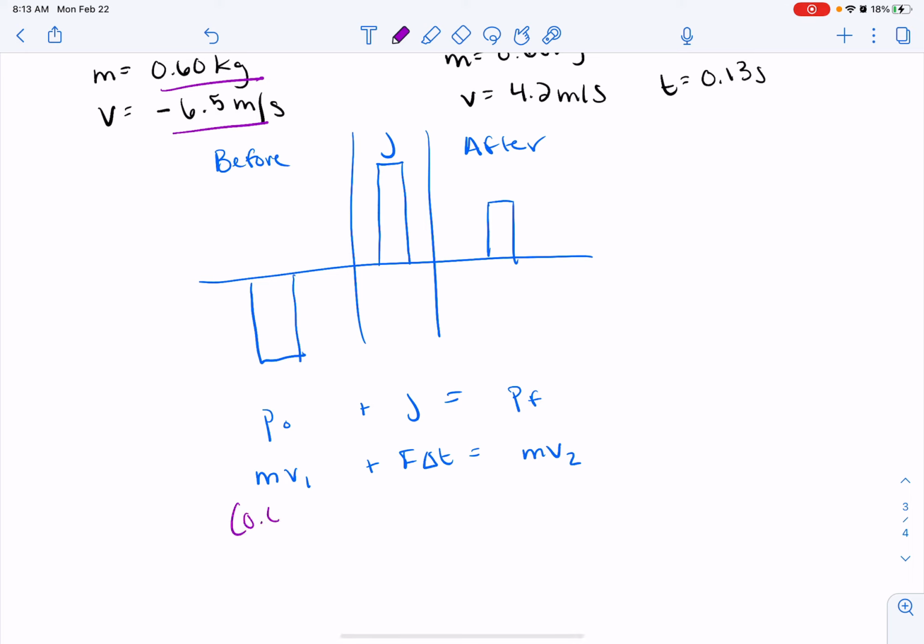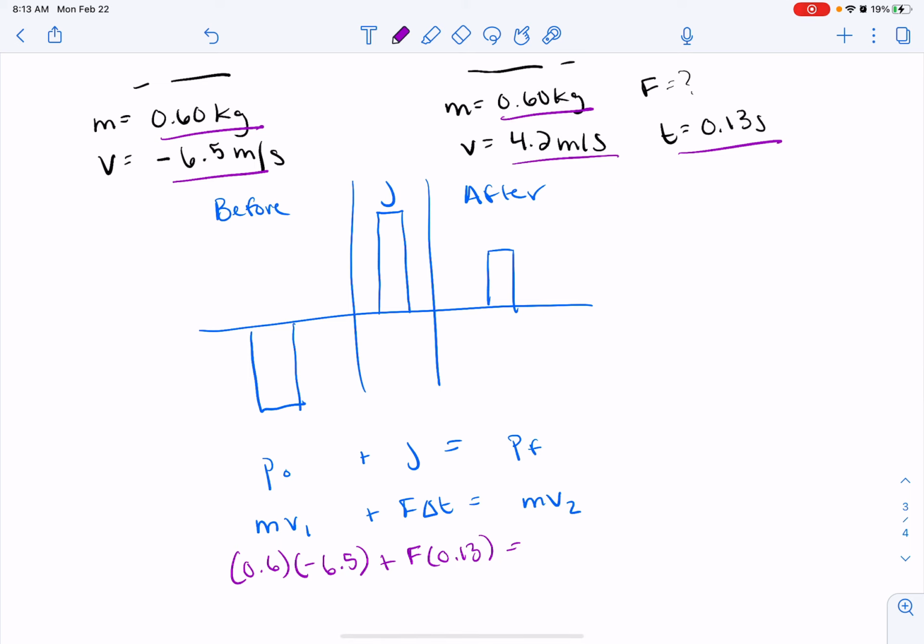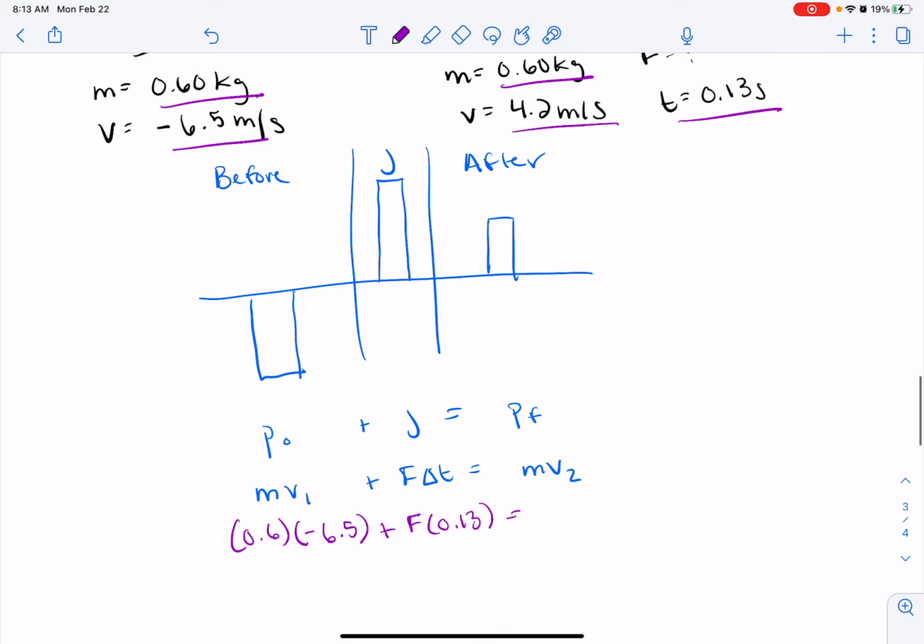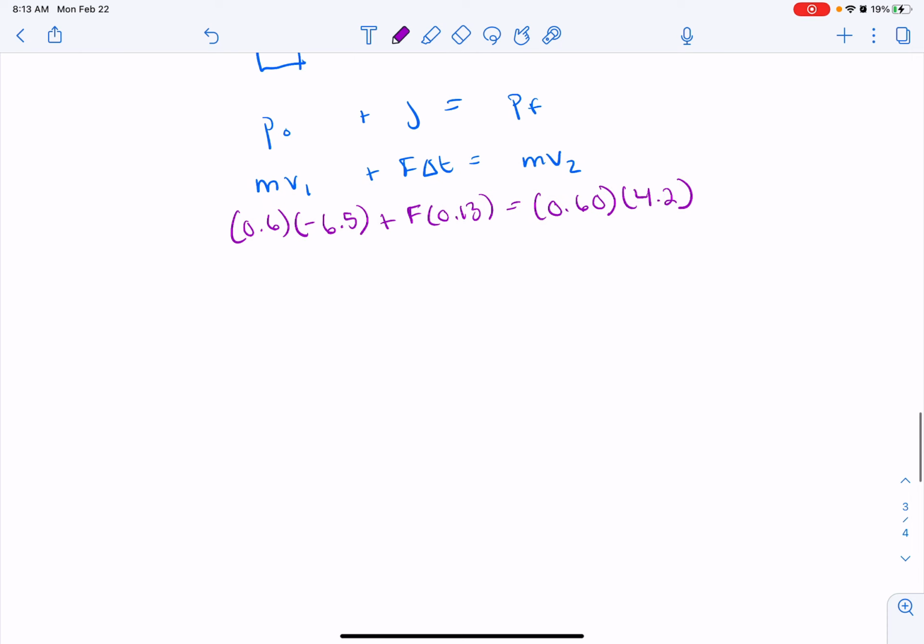So I'm going to do 0.6 times negative 6.5 plus, I don't know my force, but I know my time, 0.13, sorry. And my final mass is 0.6. My final velocity is 4.2. Okay, and now we're going to try and solve for force.